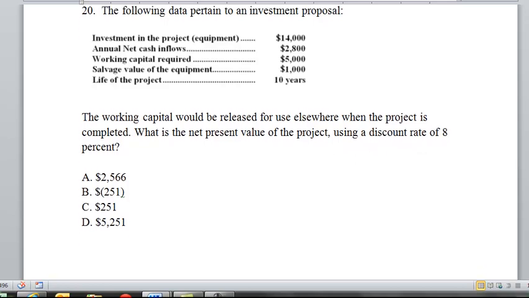So using each of these, we've got to go through each one of these. And the first one, we always look at the initial investment first. It's a usage of money, $14,000. We're going to give it right at the beginning of the 10 years. It's not going to grow because we're not investing the $14,000 in earnings. It's going to be to purchase the equipment.